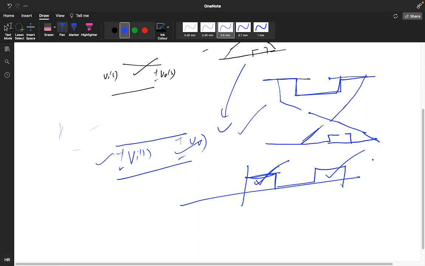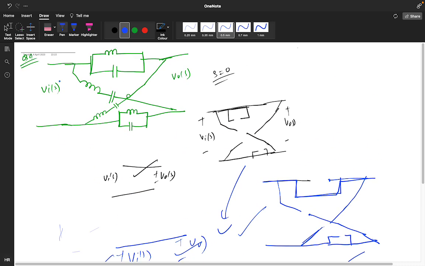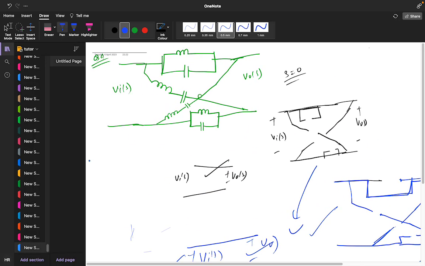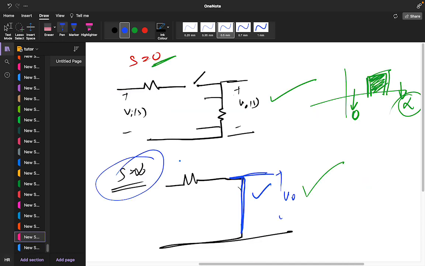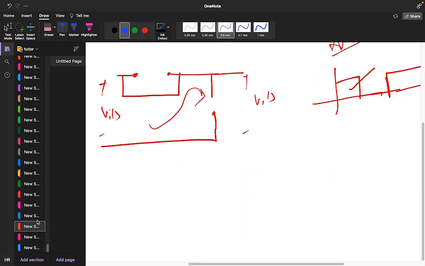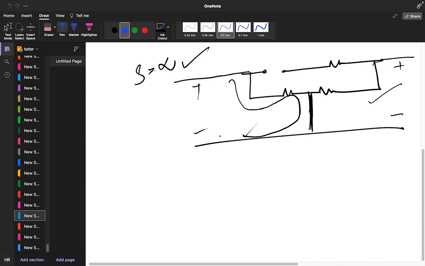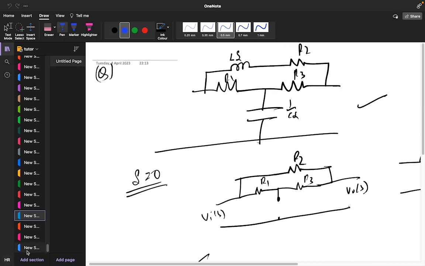You need to practice, then only you will understand how to say whether it's a band pass filter, all pass filter, or band reject filter. So this was the story of filters. We'll see filters in signals and systems also.